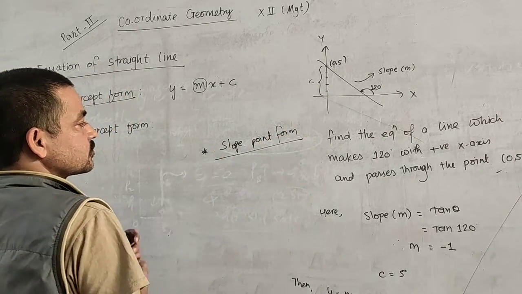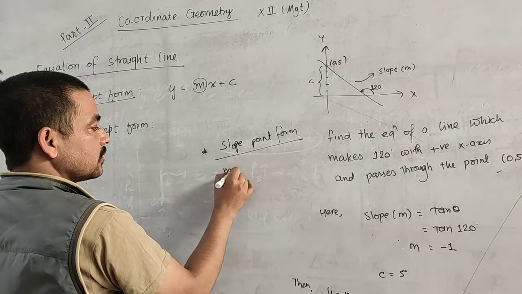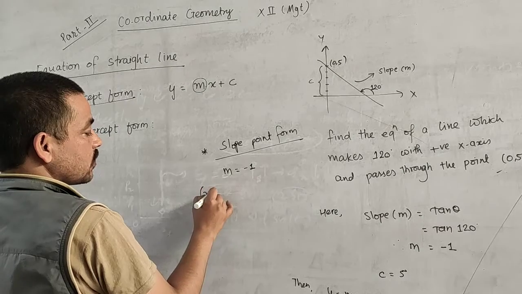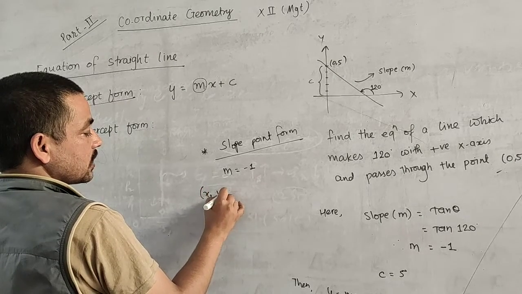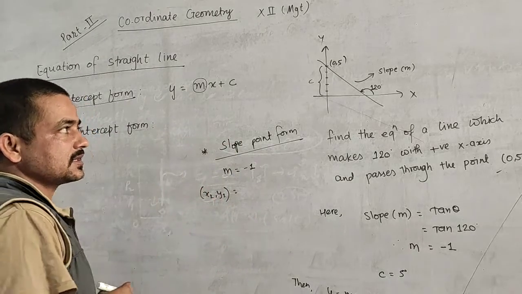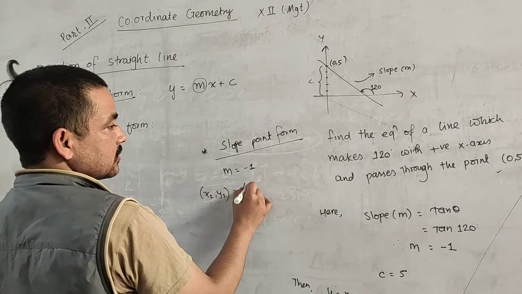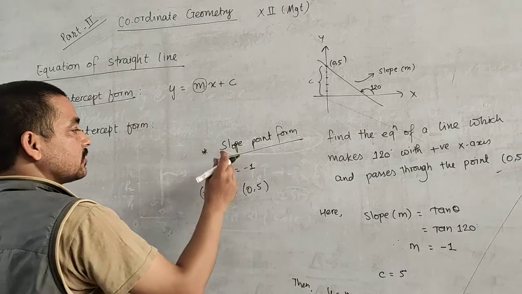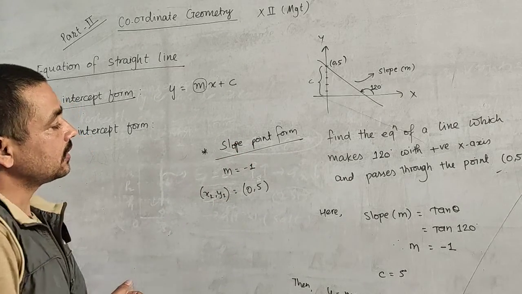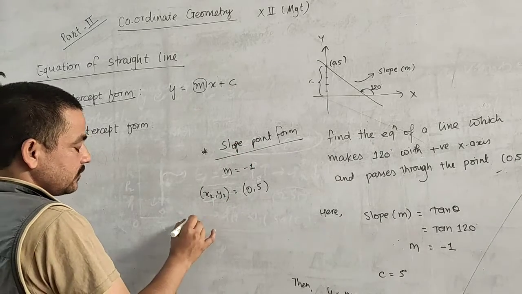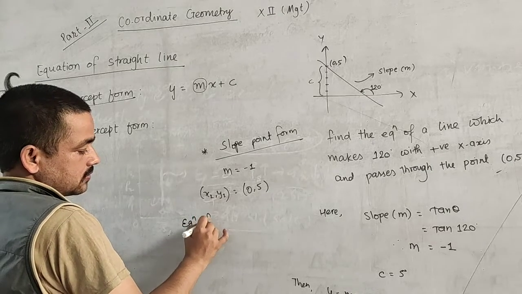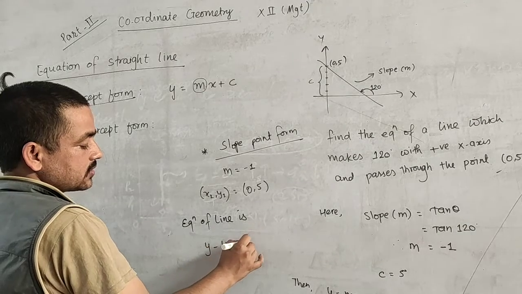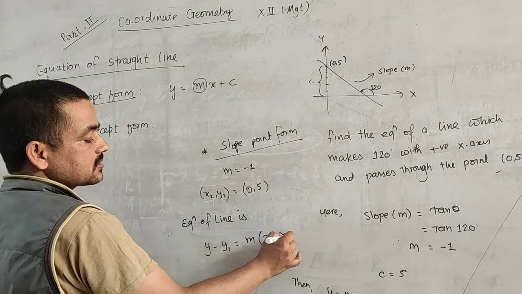So in that slope point form, what we do, the value of m is given -1 and the point x1 y1 through which that line passes is 0, 5, x1 is 0, y1 is 5. At that time, to find the equation of a line in slope point form will be y minus y1 equals to slope times x minus x1.